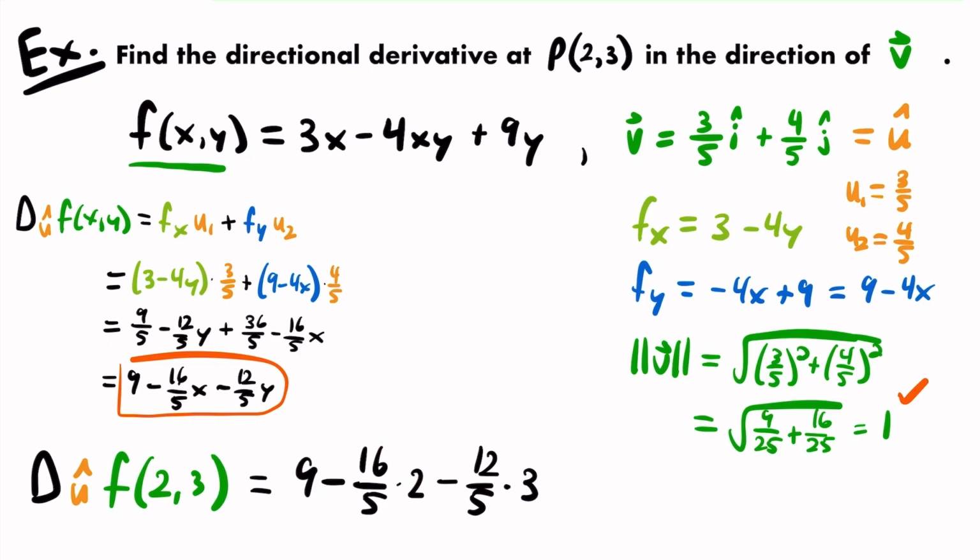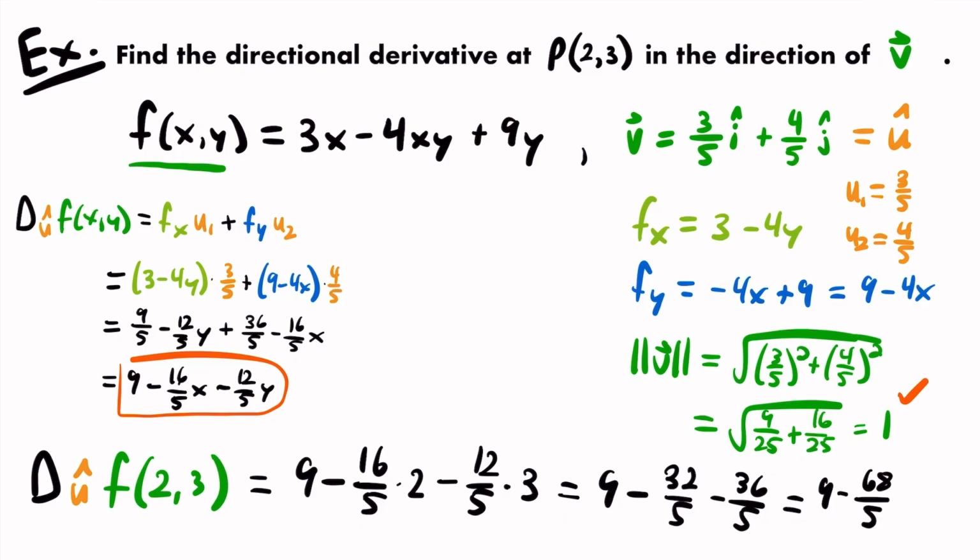All right, so 2 times 16 is 32, 3 times 12 is 36. So what we get here is 9 minus 32 fifths minus 36 fifths. So we have 9 minus 68 fifths, which doesn't look like it's going to be a very nice number.